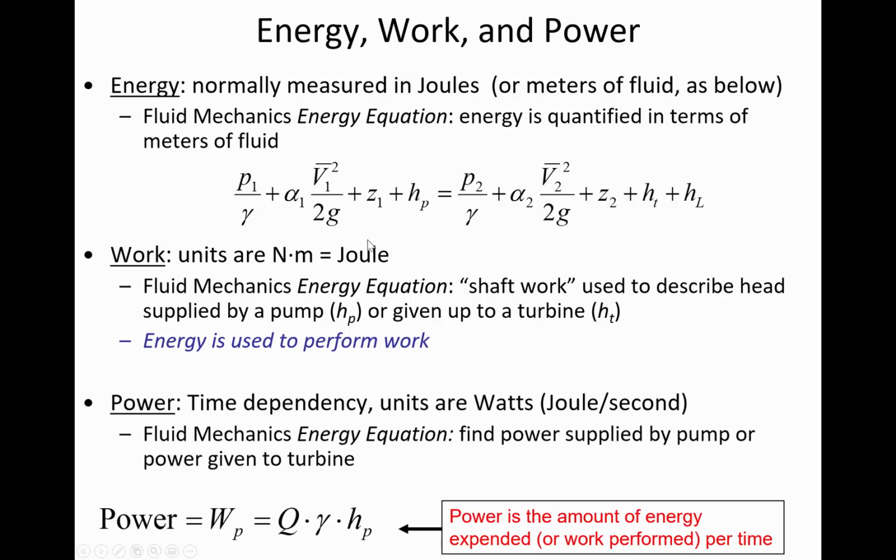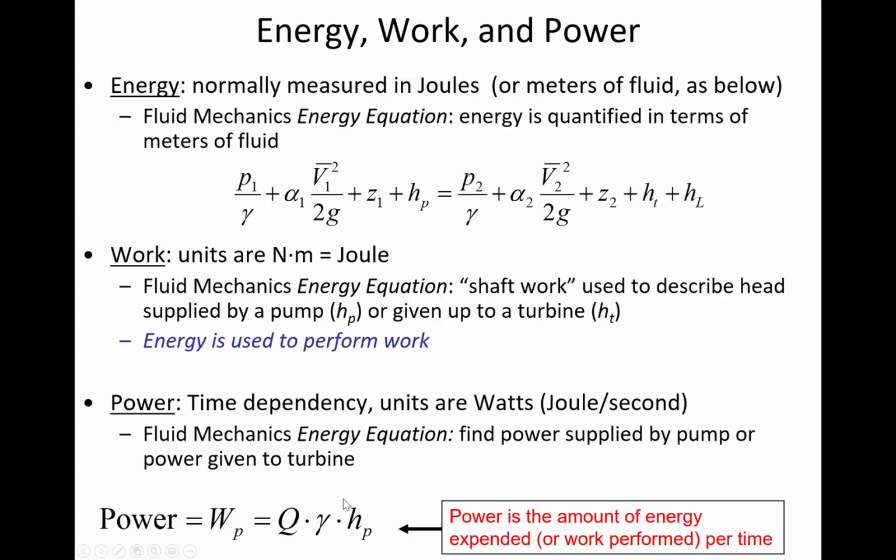And finally, power is when we add a time dependency and we're finding the rate at which energy is being used or the rate at which work is being done. And so the power equation that we'll use in hydroelectric calculations is the flow rate of the water, the unit weight of the water, and then the pump head or the turbine head.